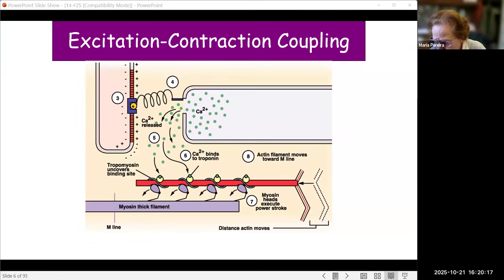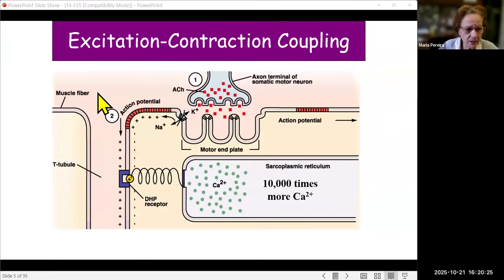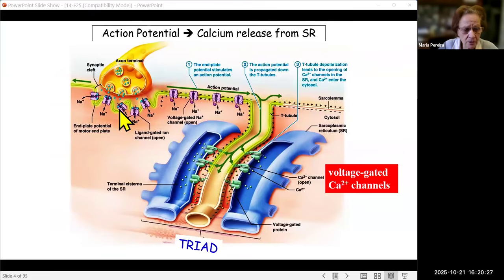Can you repeat why there are many folds in the motor end plate? Okay, so here you have many folds because this makes the surface of the sarcolemma larger, right? If you had straight, or now if you have folds, the same in the intestinal membrane, mucosa. So this allows for many, many more acetylcholine receptors to be present.